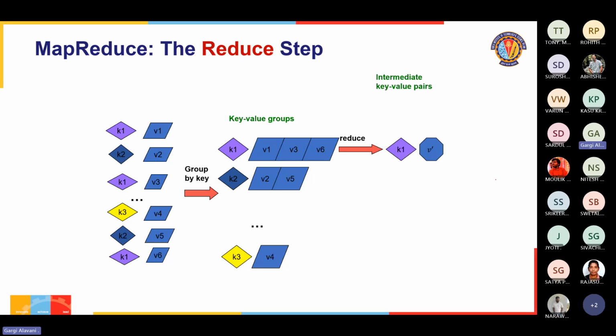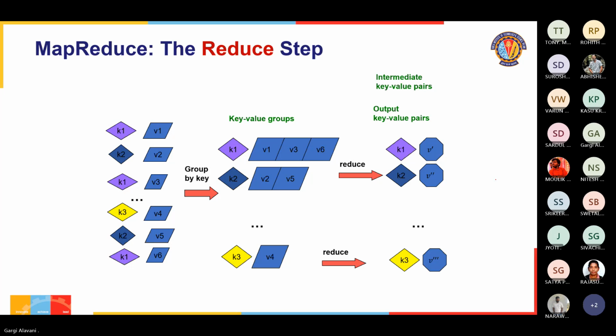Then V1, V3, V6 you combine. You might want to count, you might want to find the max, or whatever is the function that you want to use for reducing. And you get key and its value pairs in the reduce phase.